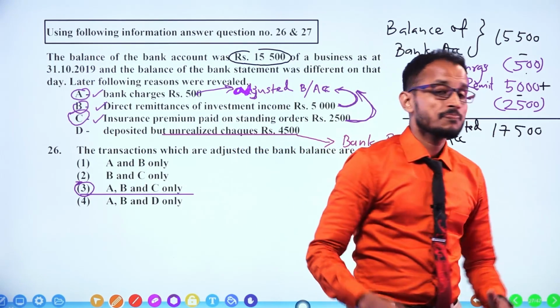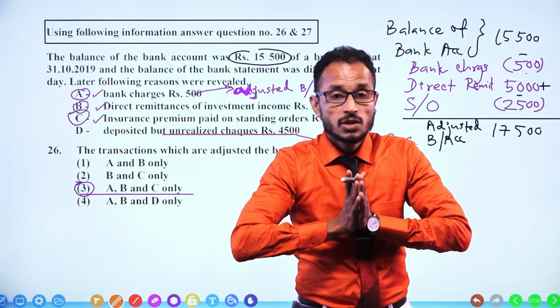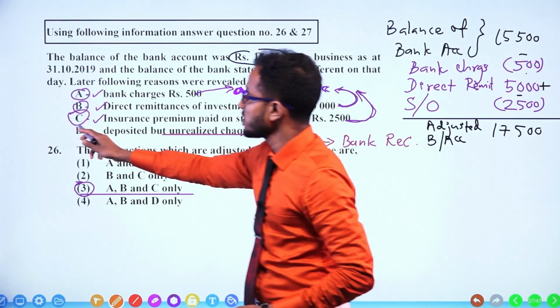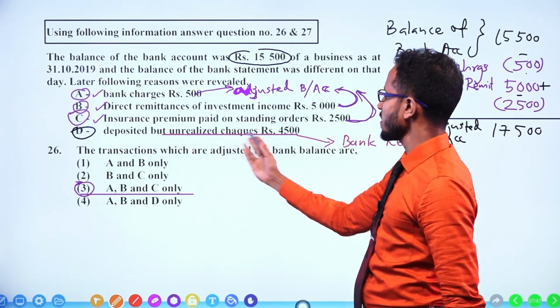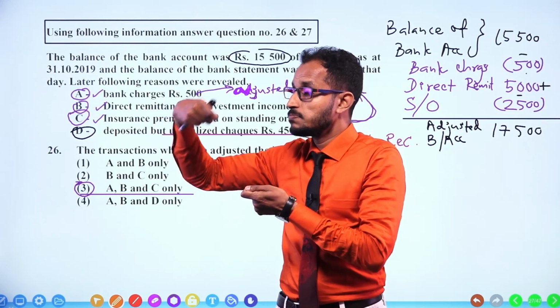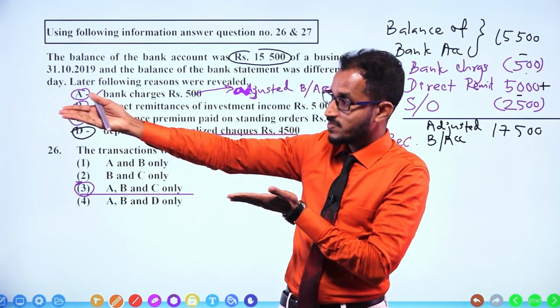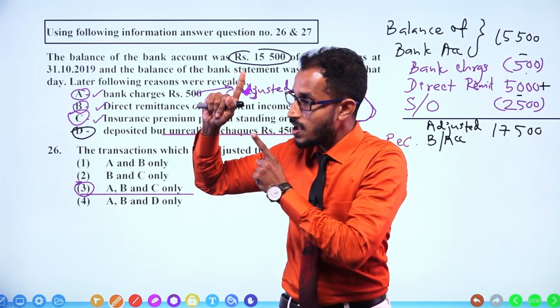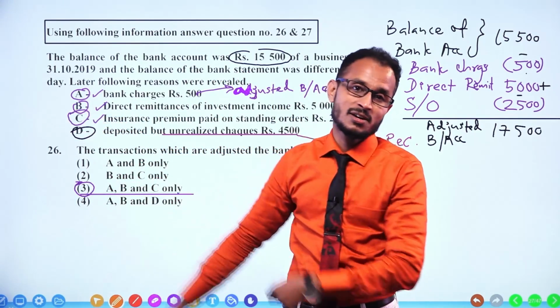This too is not sufficient because there's another information given. That is this one. D. Deposited but unrealized. We have deposited checks. Depositing means we have sent these checks to be added to our account.